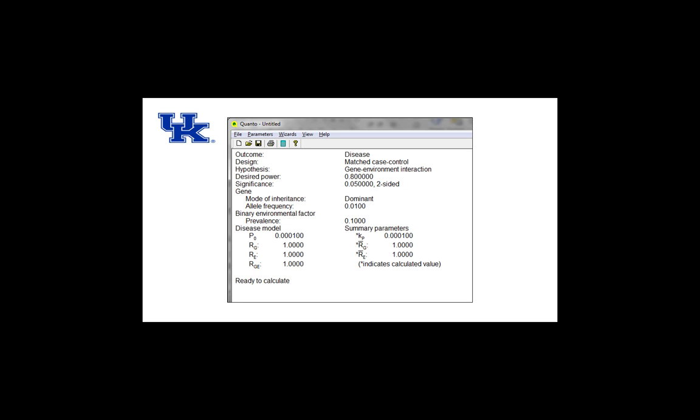Do we need just 1 copy? Or is there a scale such that with each copy you get, you're at a more and more increased risk? That's encoded in mode of inheritance. Then there's allele frequency, the prevalence of an environmental factor, and the disease model. We'll talk about these parameters in a second.